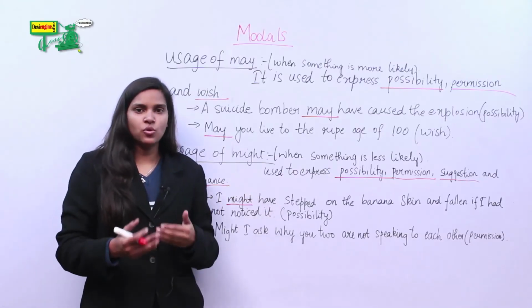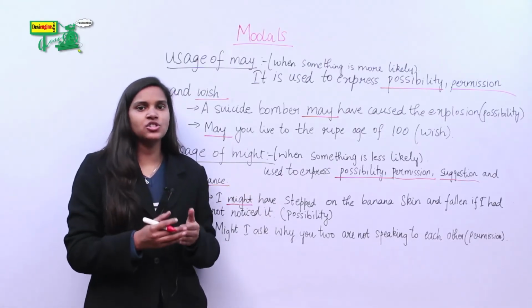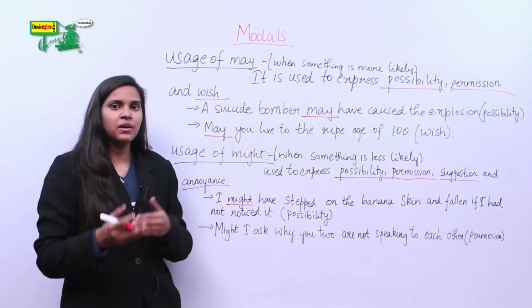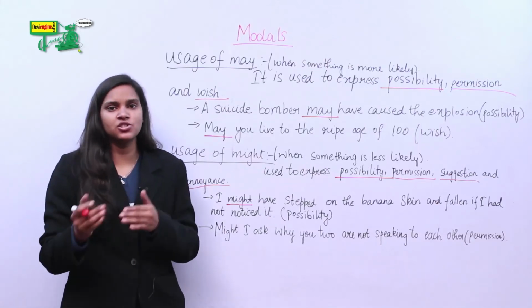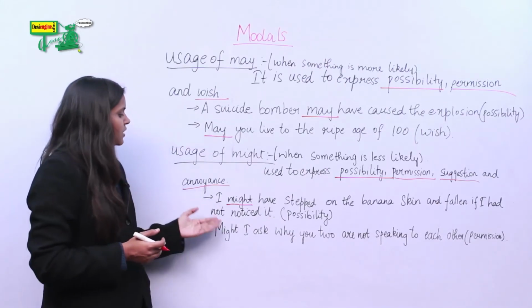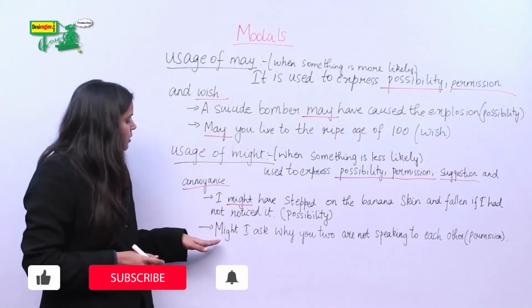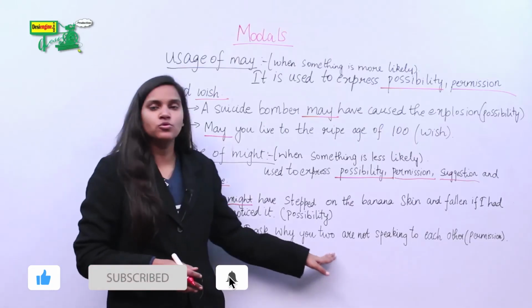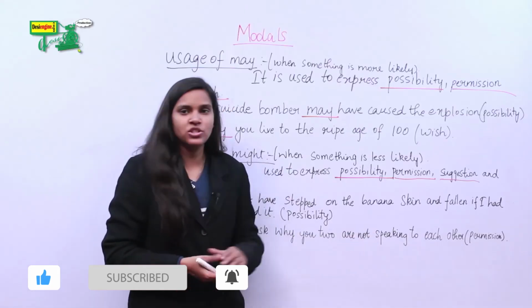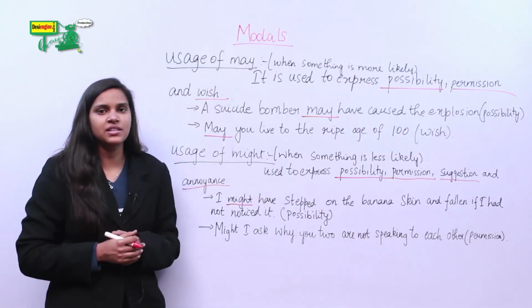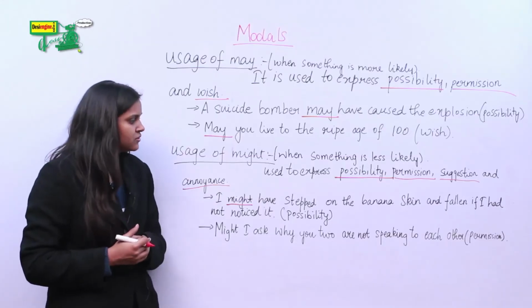Might is used in those cases where the condition did not happen, but there was a possibility for the condition to happen. Next sentence is: might I ask why you two are not speaking to each other? This is an example sentence of permission.